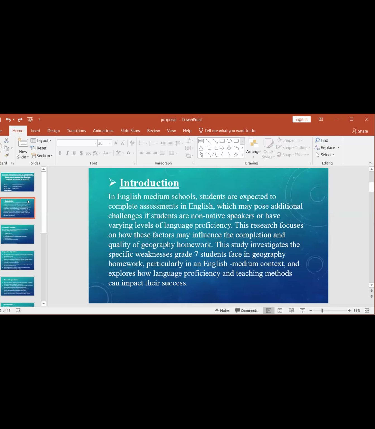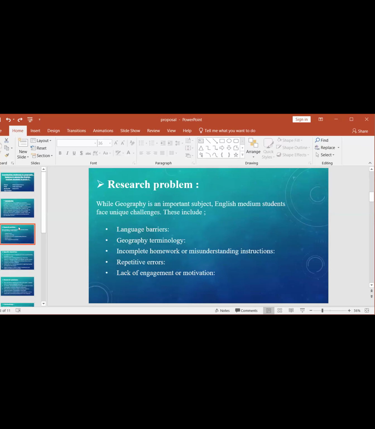The research problem is that while geography is an important subject, English medium students face unique challenges. I found language barriers, where students may not fully comprehend the geography content due to limited English language proficiency.